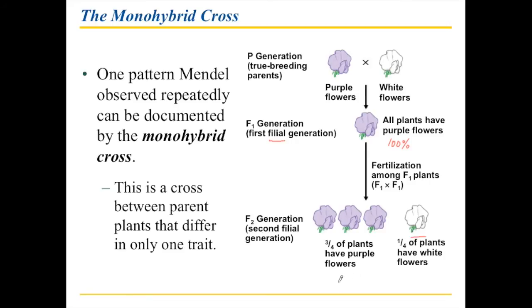So this is interesting, first of all, because the white obviously somehow skipped a generation. Secondly, when you look at the numbers, and he did a lot of these experiments, you end up with a very specific ratio. 3/4 of the plants end up with purple flowers, and 1/4 of the plants have white flowers.